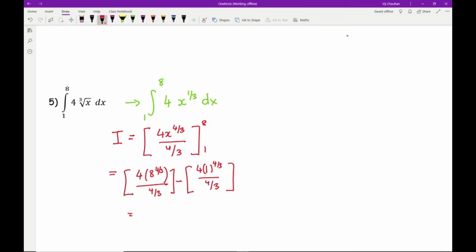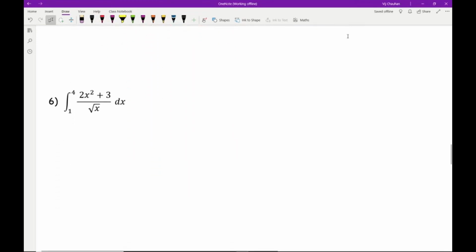So type that into your calculator, you should get a final answer of 45. So moving on to the next one, this one's getting more and more complicated, so let's have a look at question 6.